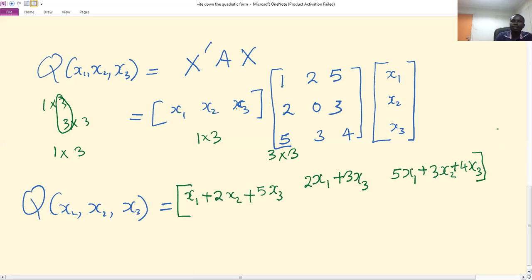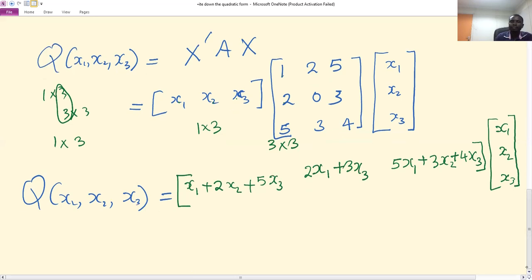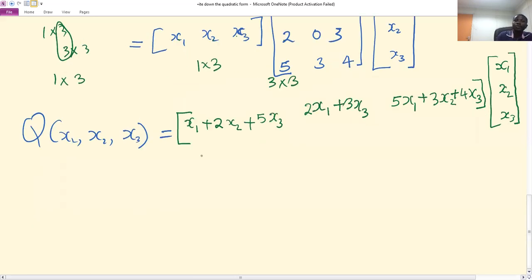Then you multiply by this vector, x1, x2, x3. So this is a 1 by 3 matrix, and this vector is a 3 by 1 matrix. So the inner dimensions cancel out, and we expect to get a 1 by 1 matrix, or just an equation or a number.